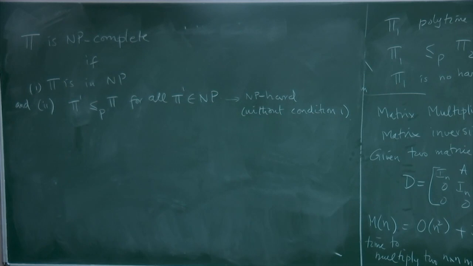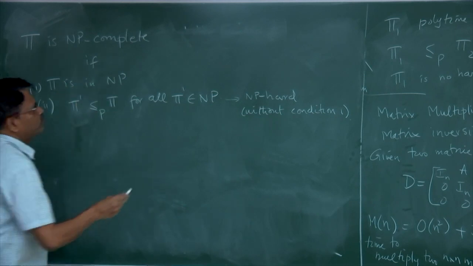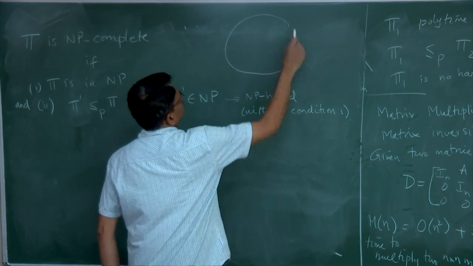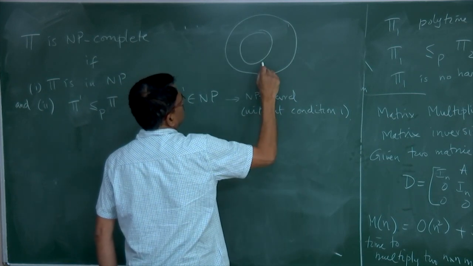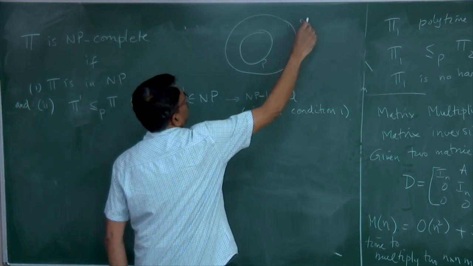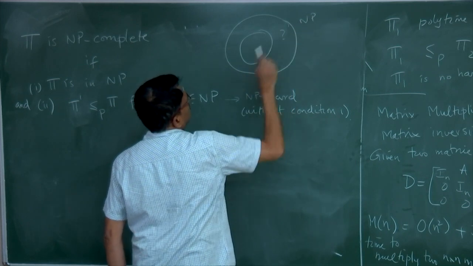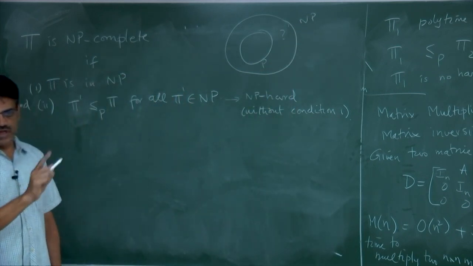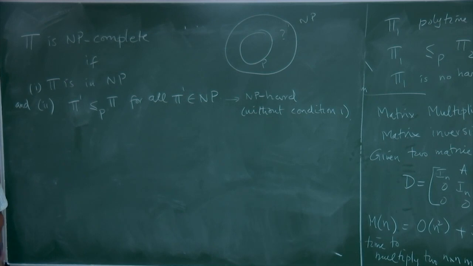Okay, this seems like a very strong statement. Our picture now is that this is the class P and this is the class NP, and we don't know whether there is anything here, because whether NP is contained in P is the open problem.